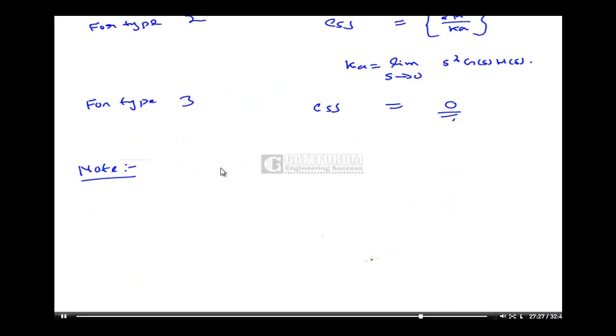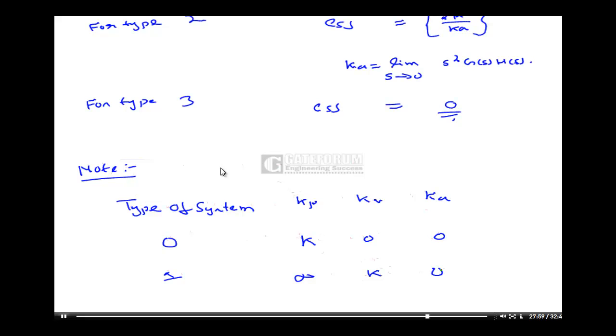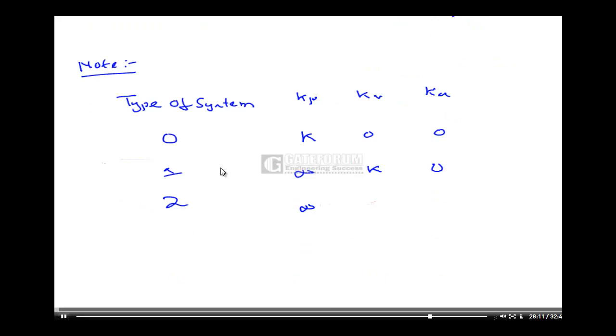Note, to summarize all the things, I'll write here type of system, Kp, Kv and Ka. For type of system 0, Kp is some constant K, and the others are 0. For type of system 1, Kp is infinity, Kv is some constant, and Ka is 0. For type of system 2, Kp is infinity, Kv is infinity, and Ka is some constant K. For type of system 3, Kp, Kv and Ka are all infinity, and there will be some other constant with a finite value.